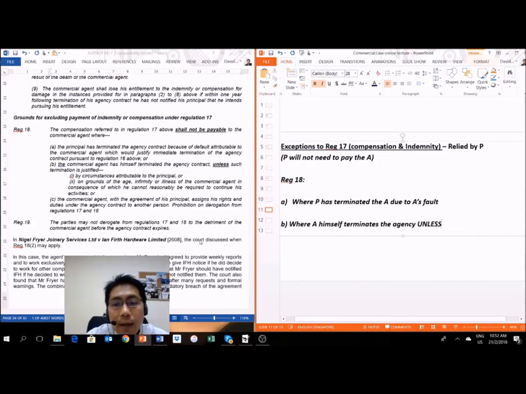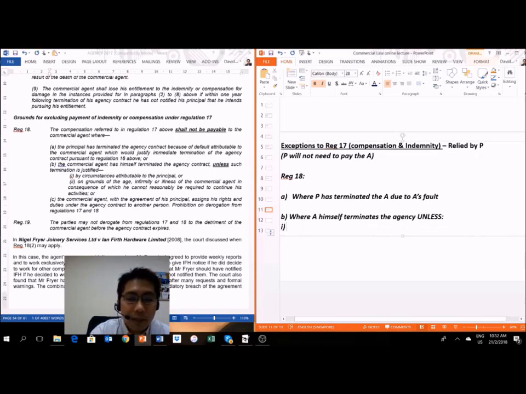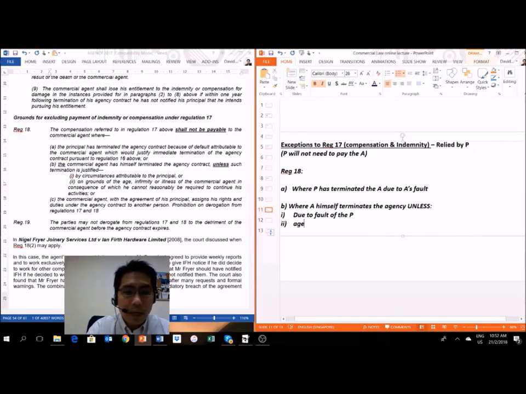Unless the reason why A himself terminated the agency is due to circumstances attributable to the principal, or due to his old age or infirmity or illness or any circumstance where the agent is unable to continue his activities. So unless, and then you find here 1, 2, 3. First is due to fault of the principal. 2 is, for instance, due to age, illness, or incapacity in a very broad sense.